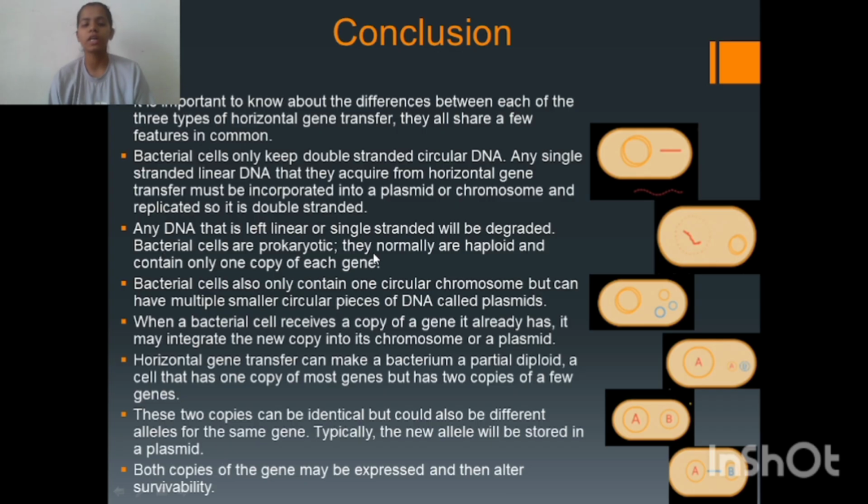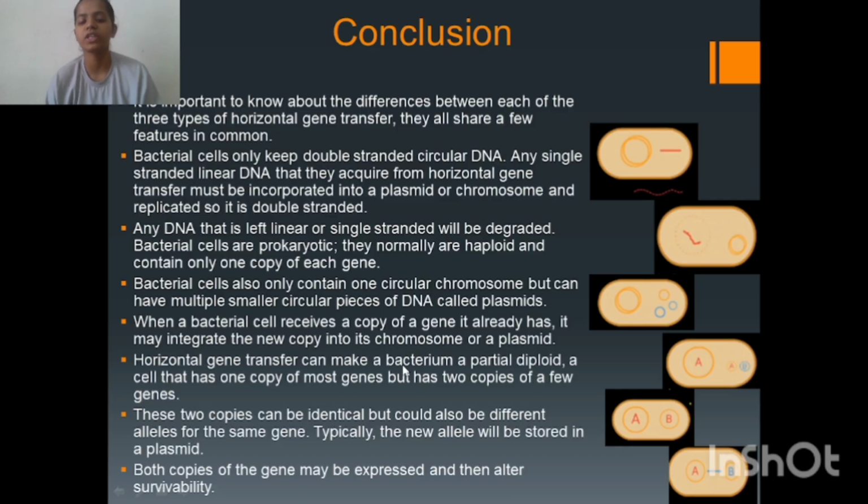Bacterial cells are prokaryotic. They are normally haploid and contain only one copy of each gene. Bacterial cells also only contain one circular chromosome but can have multiple smaller circular pieces of DNA called plasmids. When a bacterial cell receives a copy of a gene it already has, it may integrate the new copy into its chromosome or a plasmid.